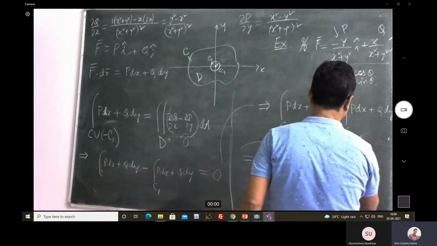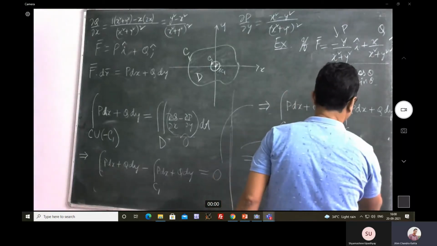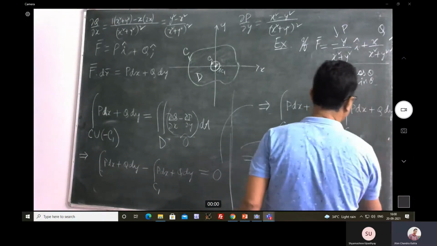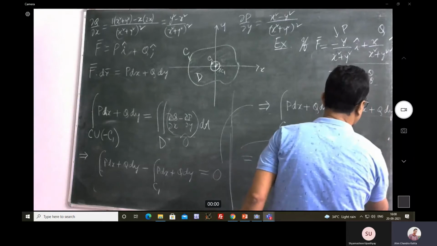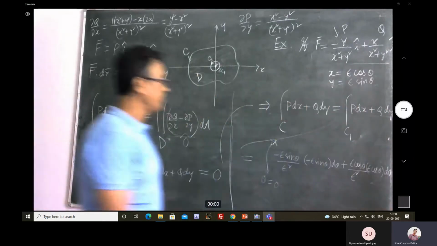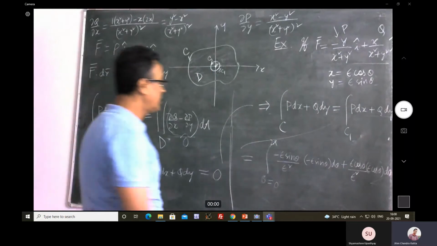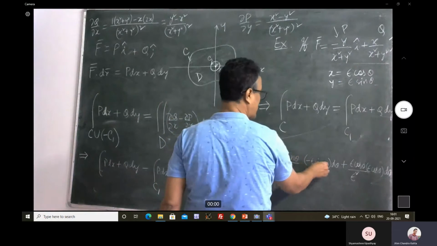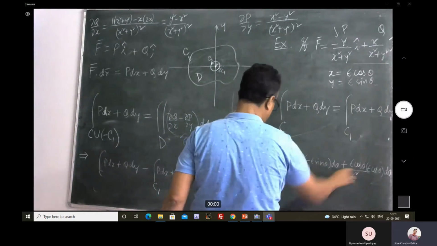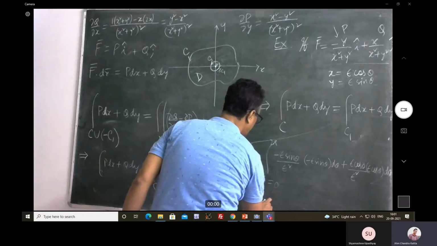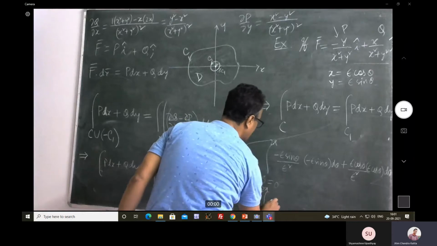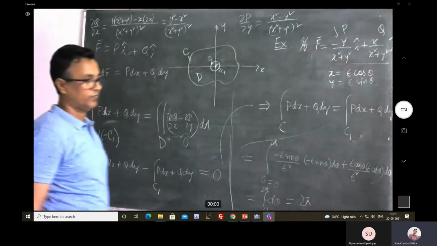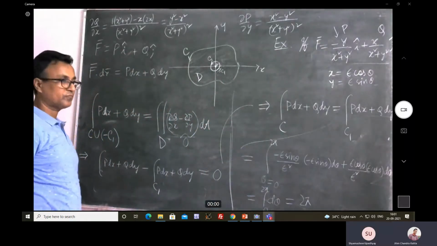Similarly Q is epsilon cos theta by epsilon squared, and dy is epsilon cos theta d theta. So this is simply epsilon squared times sin squared theta plus cos squared theta, and that cancels with the epsilon squared. Eventually you get the integral from 0 to 2 pi of d theta, which is nothing but 2 pi. Is it okay?